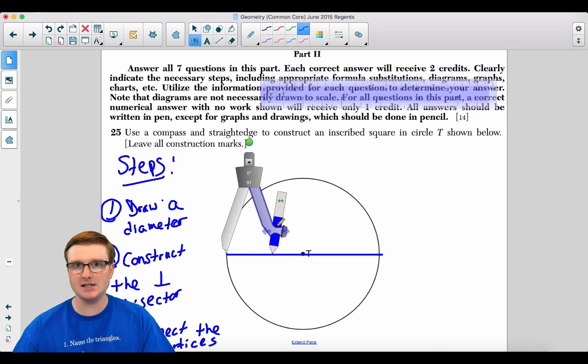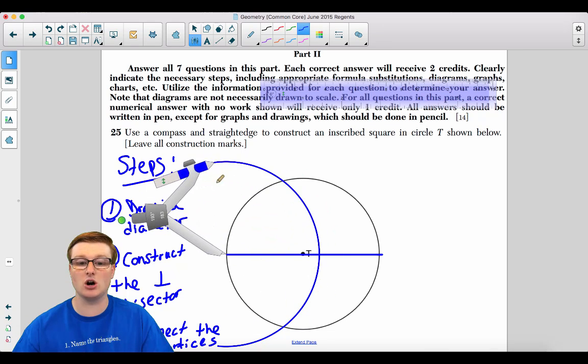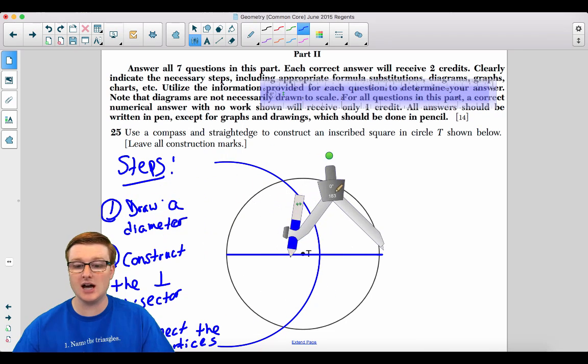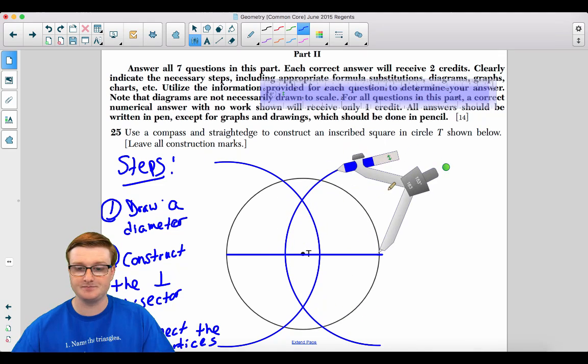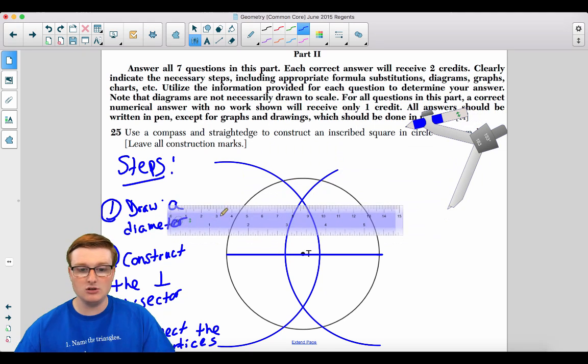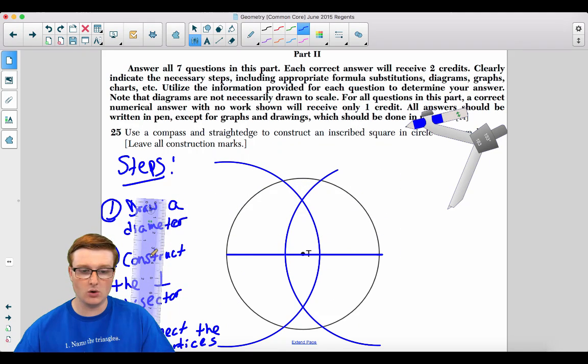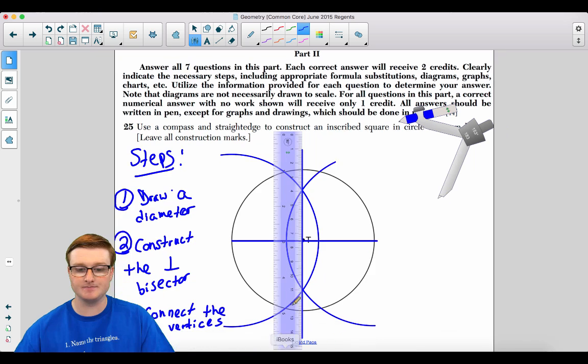In order to create the perpendicular bisector, you move your compass a little bit more than halfway of T, and you construct your first arc. Then you repeat the process on the other side without changing your compass setting. Now, once you have these two arcs, you could just take your ruler or your straight edge and connect these two intersection points and draw your line.